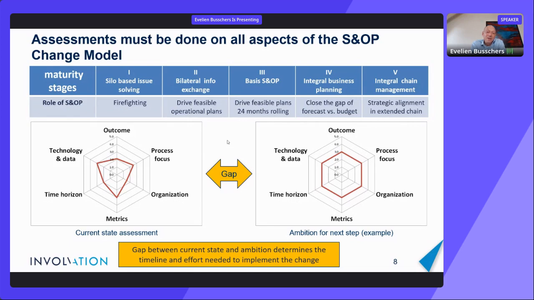And then basically we split the logic into 4 specific areas, because even though they are not more important than the other two, there are more aspects to it. So we need to look at the process. What does it look like? We look at the metrics that you're using. So which KPIs are you basically tracking? What do your dashboards look like? What's your planning horizon? That's really related to the Gartner model, obviously. And then also linked to the subject of today, technology and data.